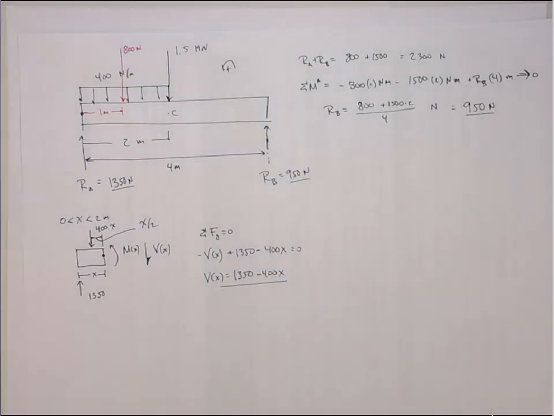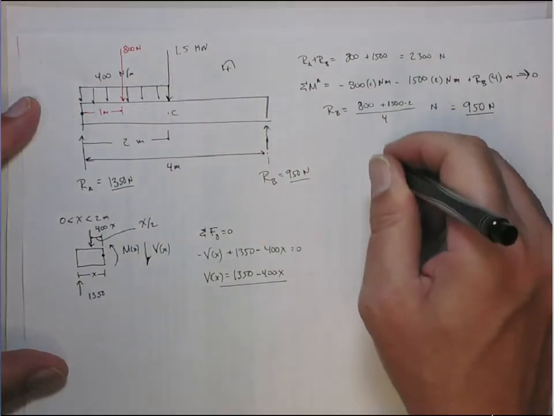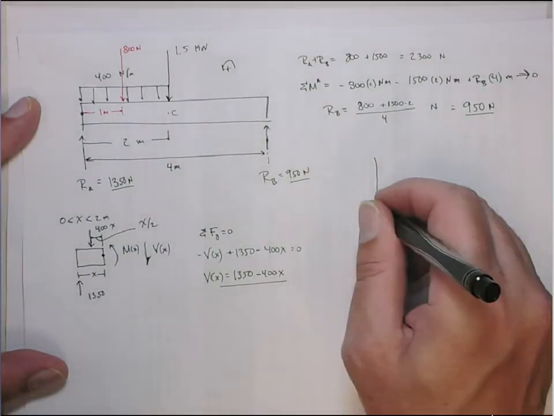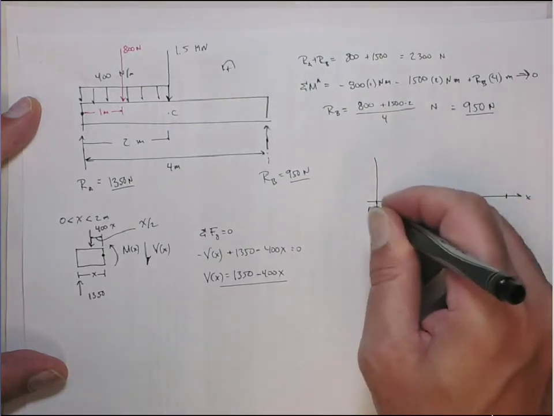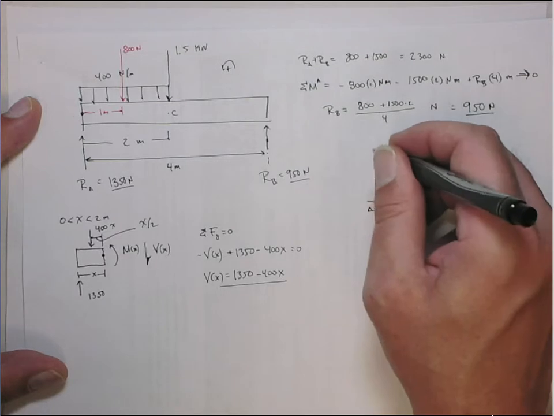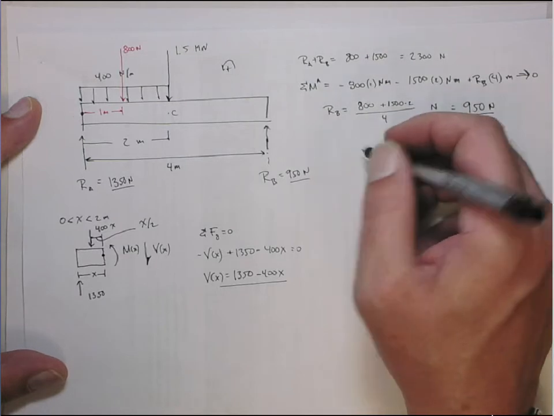Okay? So if I were to draw that, here's x. I'm sorry, here's the midpoint. This is the point A, this is point B, and this is the shear diagram.